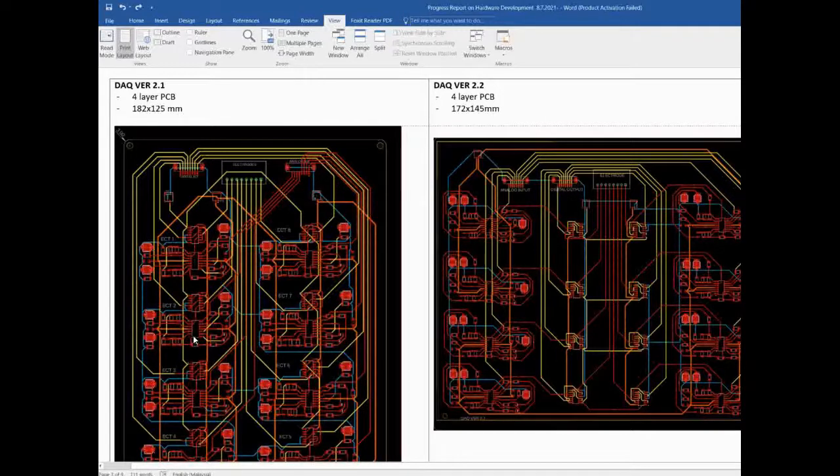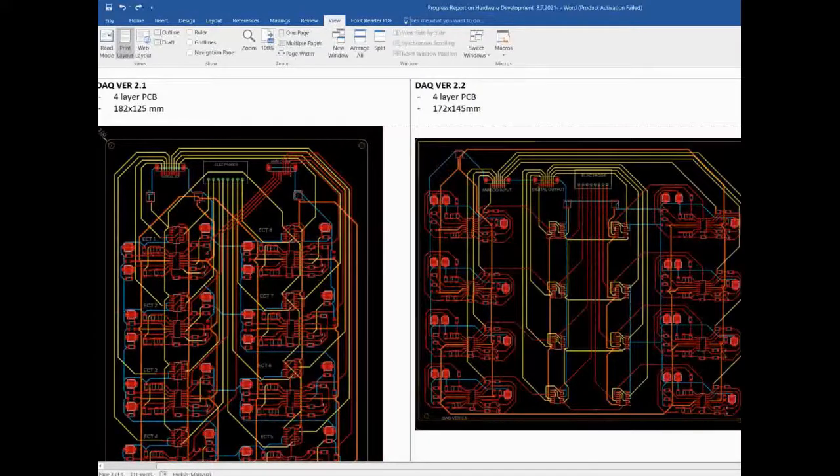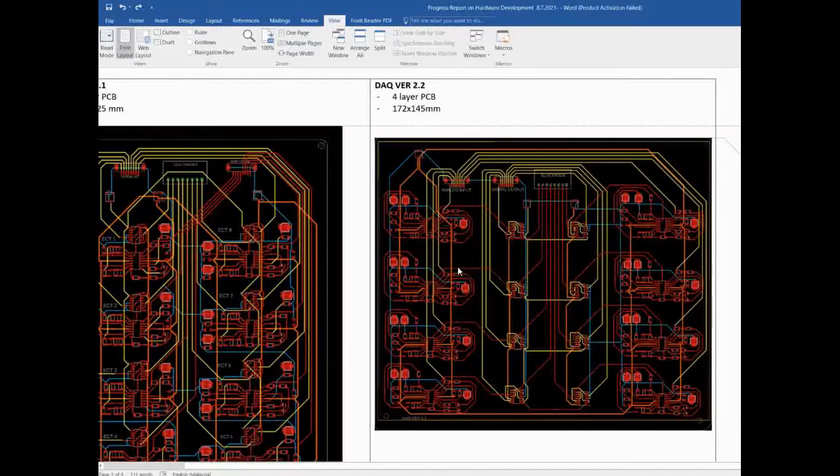This one I changed to 4 layers to dedicate each layer as I mentioned, and I also changed the connectors to separate the ground, the power supply and the sine wave. So it has 3 connectors for power, ground, the 5 volt supply, the 9 volt supply, and also the sine wave.